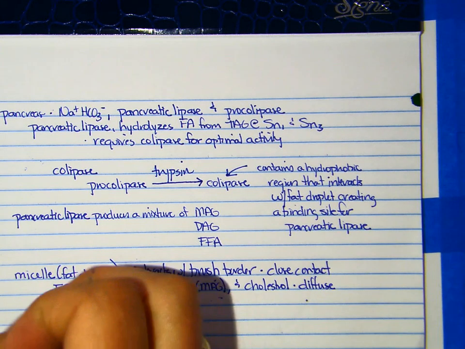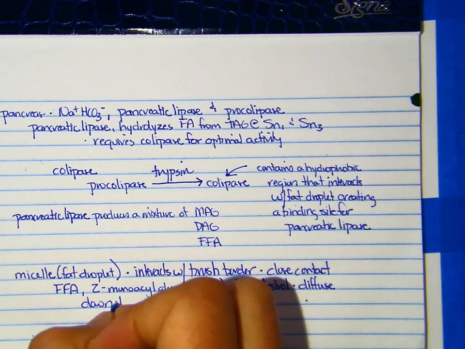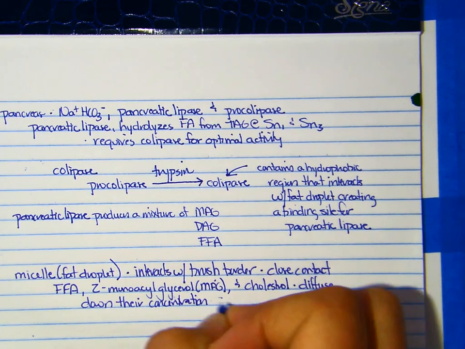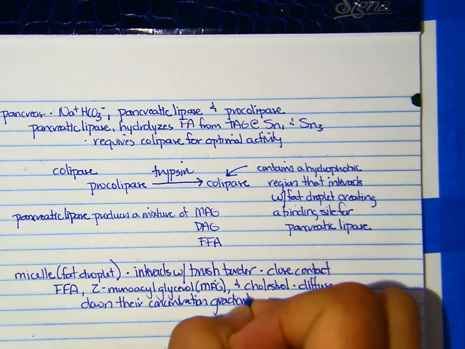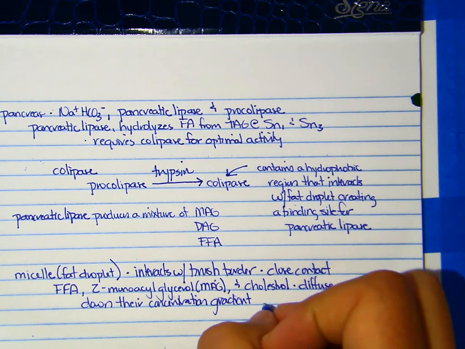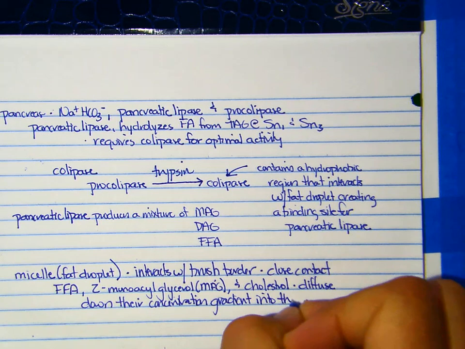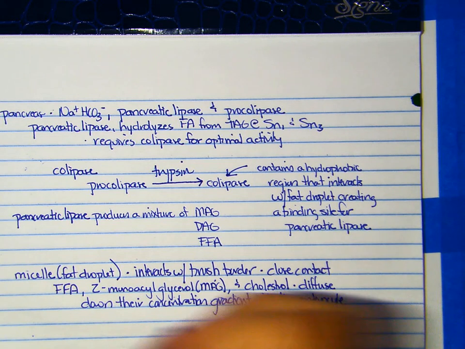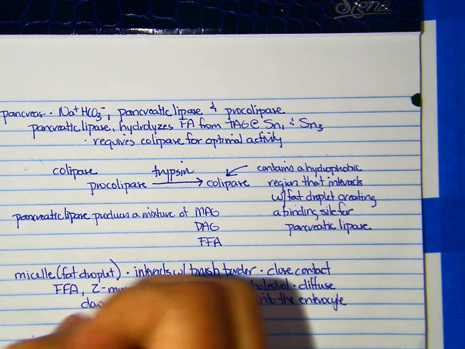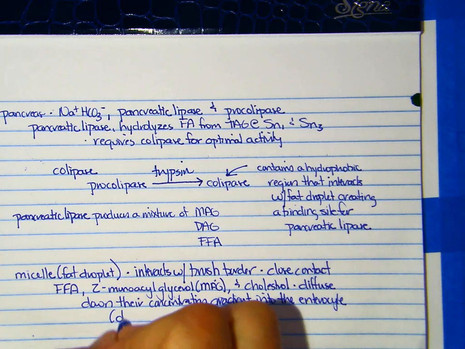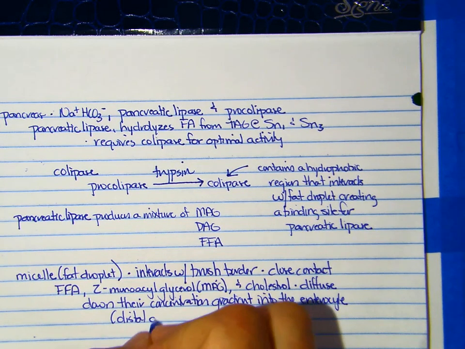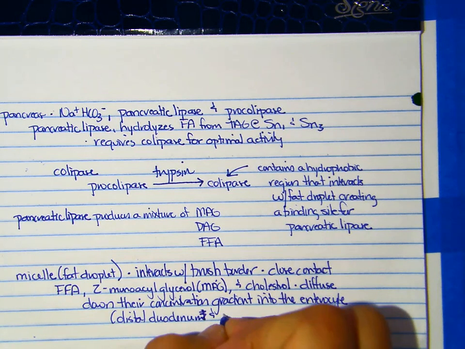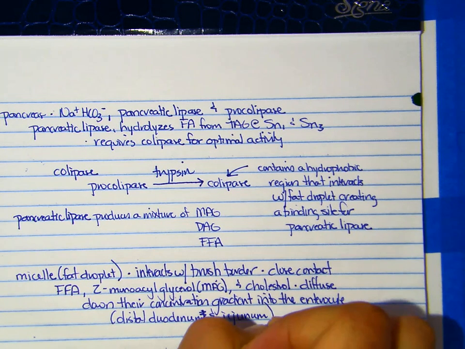They diffuse down their concentration gradient into the enterocyte. And so this absorption is all by diffusion, happens in the distal duodenum, not so much, but a little bit, and the jejunum, primarily in the jejunum.